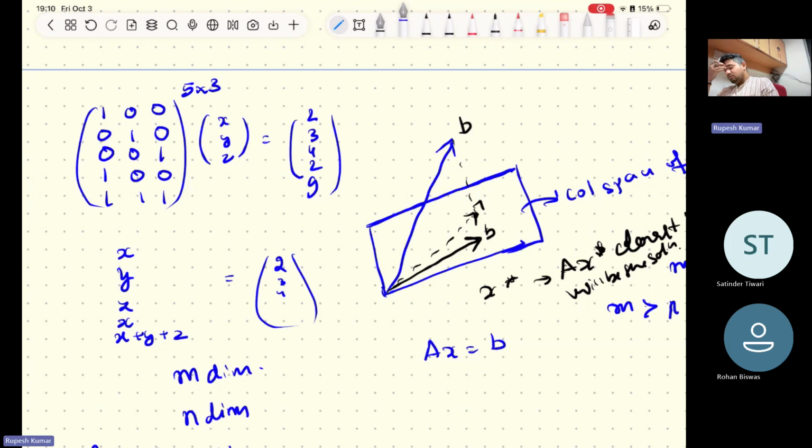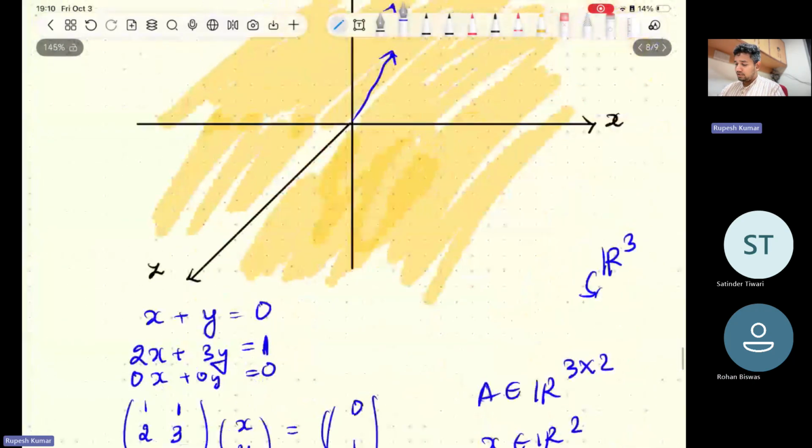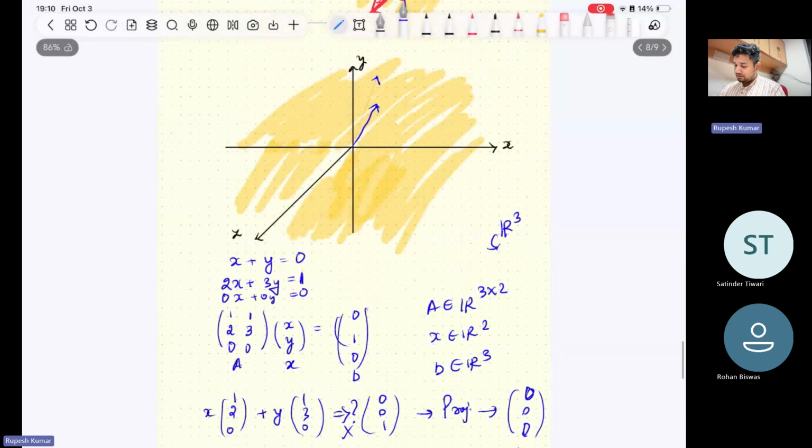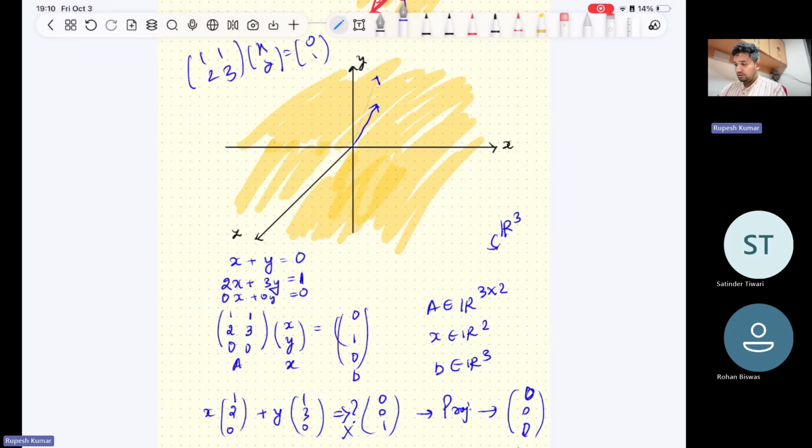So essentially, when you are removing row vectors from here, you are jumping from R5 space to R3 space, right? For example, in this case, you are simply ignoring the third equation, and you are jumping from R3 to R2. So you are going to 1, 1, 2, 3, times xy equals 0, 1, right?